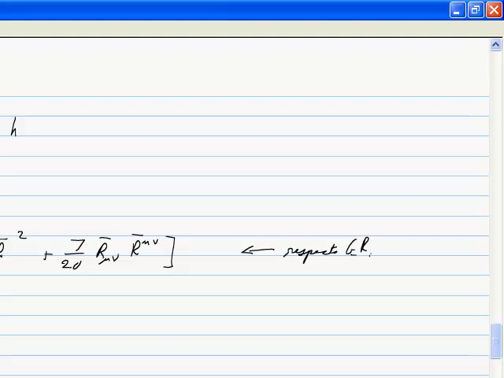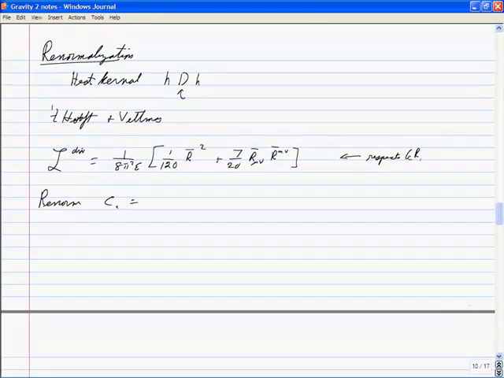Okay, this tells us that we renormalize. We take C1, renormalized to C1 plus 1 over 960 pi squared epsilon. C2 then is C2 plus 7 over 160 pi squared epsilon.